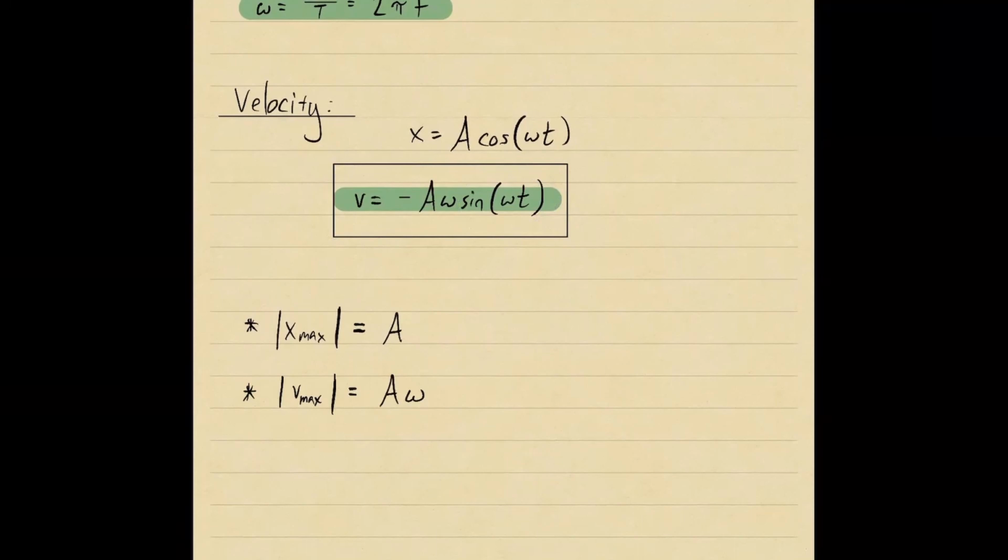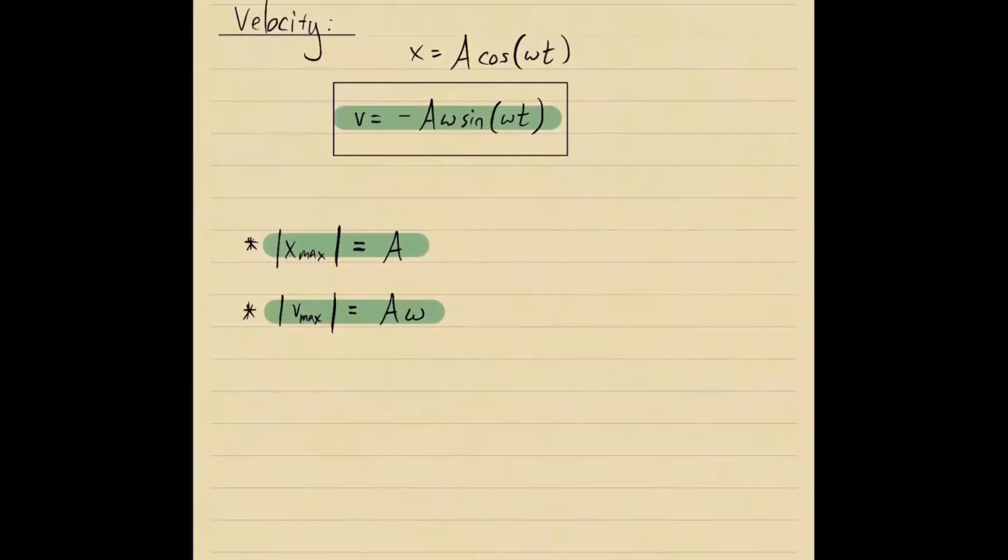So the max value that sine can be is 1. So this ends up being equal to the max value for the velocity. So let's work a couple examples and see if this helps.